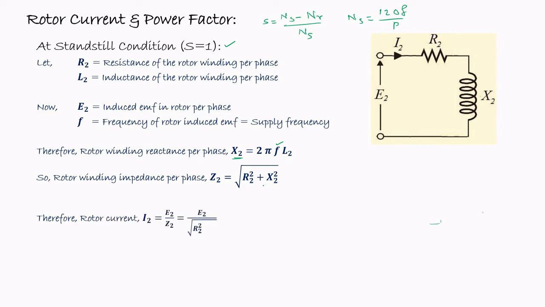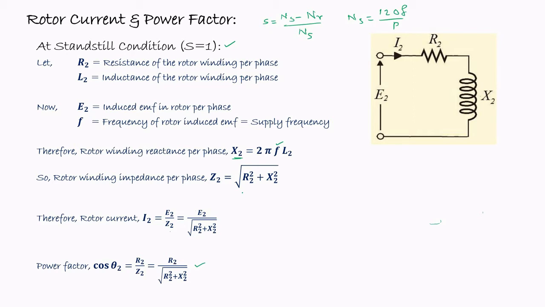So the rotor current per phase can be calculated by the induced EMF in the rotor per phase upon the impedance of the rotor per phase, that is E2 upon square root of R2 square plus X2 square. And also the power factor of the rotor circuit can be calculated as R2 upon Z2. So here it is the power factor of the rotor circuit during standstill condition.